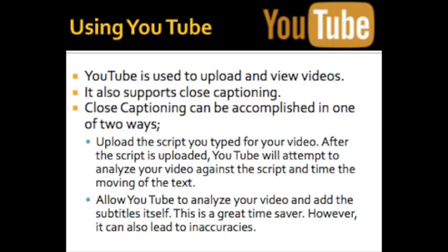If you add closed captioning but do not add a script, YouTube will analyze your video and add the subtitles by itself. However, you should be warned that this solution is not ideal, as its audio analysis may not be 100% accurate.